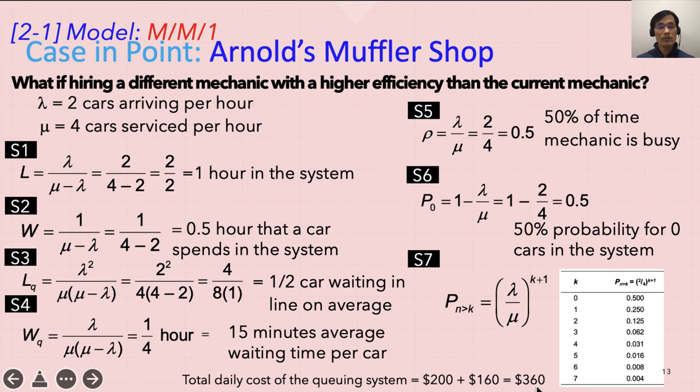So if we compare, before it was $653.33, and now you are incurring $360. Therefore, almost $320 of savings you are going to be making by hiring this person and firing the current mechanic. So I think it's a good deal, right?